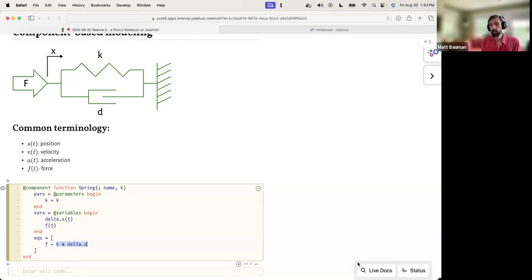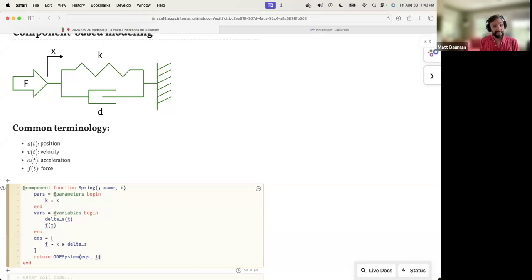So that is our force, and then we return, and so this is a function, right? Just like our function before, it needs to return something. And what does it return? Well, it returns an ODE system that includes our equations.